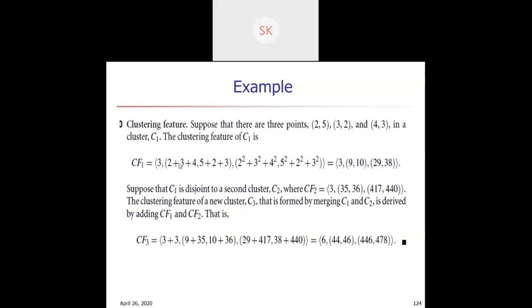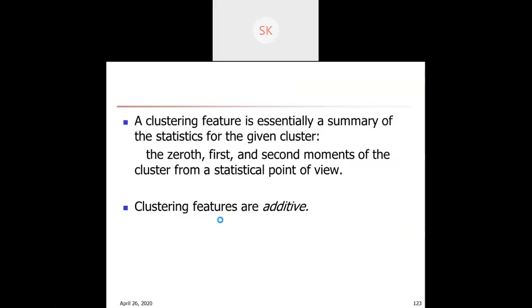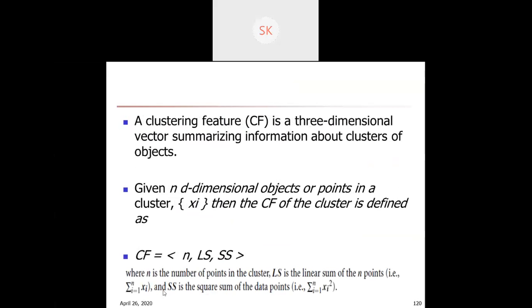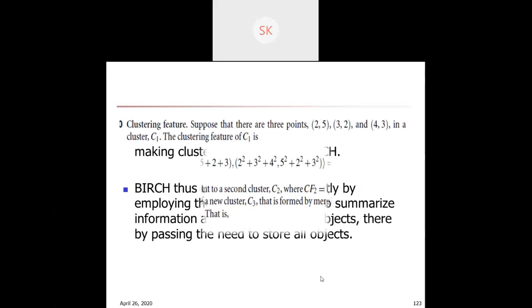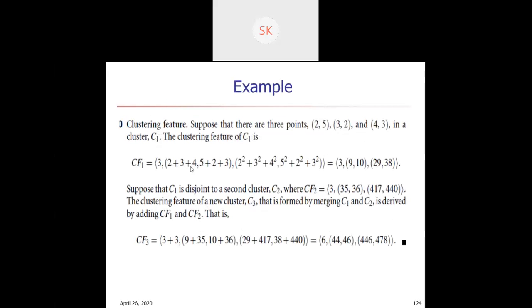The second is the linear sum, LS, the summation of i equal to 1 to n of xi, and SS is the square sum of the data points, the summation of xi square. First is the linear sum: for the x terms, 2 plus 3 plus 4, and for the y terms, 5 plus 2 plus 3.